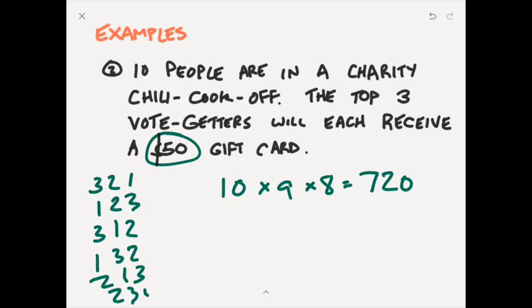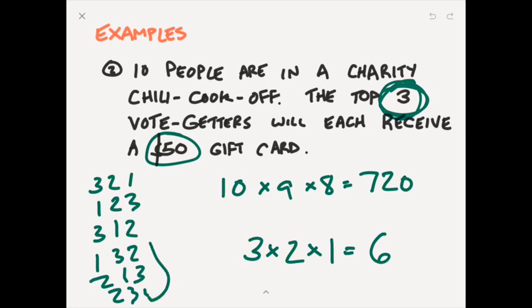If we think about the number of people who are going to be sharing those things, which is 3, we can say, well, there's 3 people originally, and then there are 2 people once that first person's decided, and then there's 1 person to finish off, which means that there are 6 repeats, and we actually did them over here. There's 6 repeats for every combination.